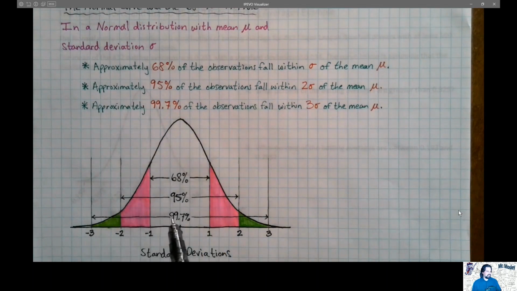And that is approximately 99.7% of the observations. So now we can make statements about the proportion of our observations within standard deviations of the mean. It helps us to say more about our data and describe our distribution better.